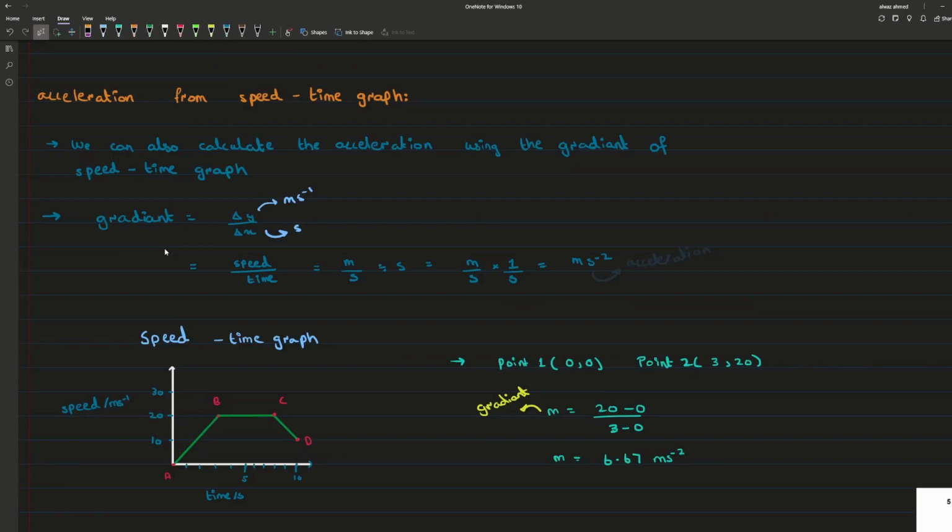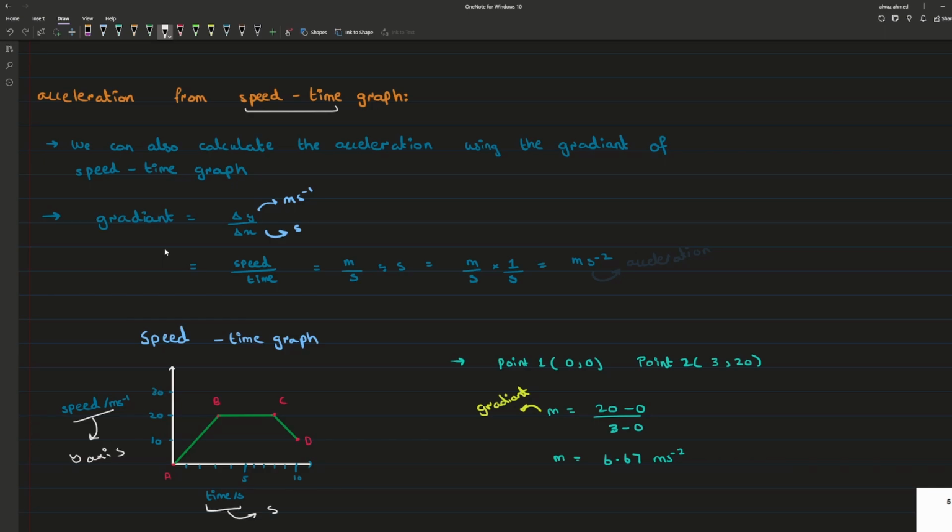Okay, so next we're going to talk about how we can calculate acceleration from speed time graphs. So the connection between acceleration and a speed time graph is that the gradient of the speed time graph is actually the acceleration of the object. So this again can be calculated by using the formula of gradient, delta y over delta x, where on the y-axis we have speed in meters per second, and on the x-axis we have got the time.